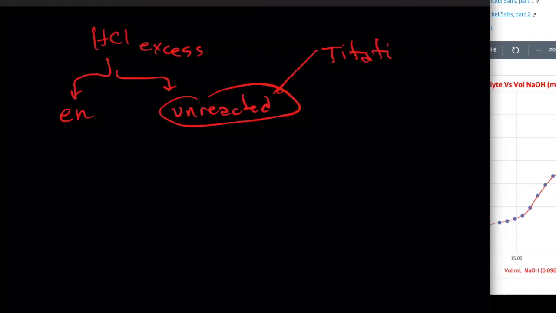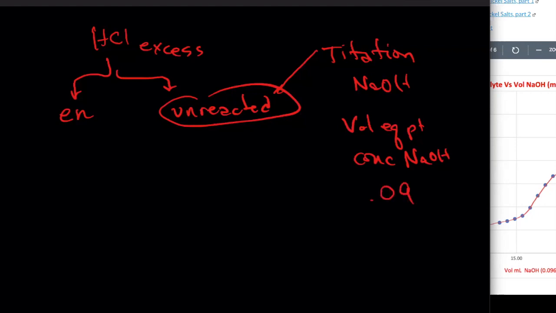So in the titration of sodium hydroxide, you want the volume at the equivalent point, and you want the concentration of your sodium hydroxide. The concentration of your sodium hydroxide was like 0.0969, something like that, okay? It was supposed to be about 0.1, but we got about 0.0969 moles per liter.